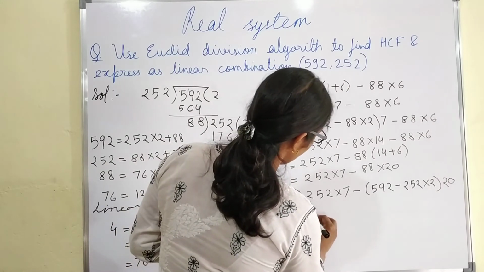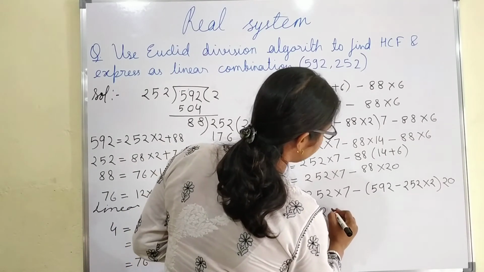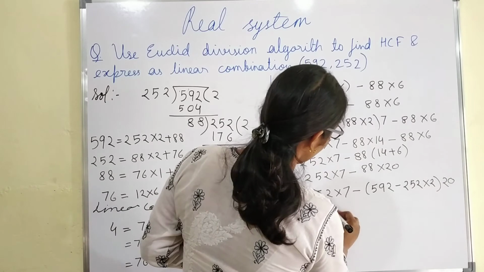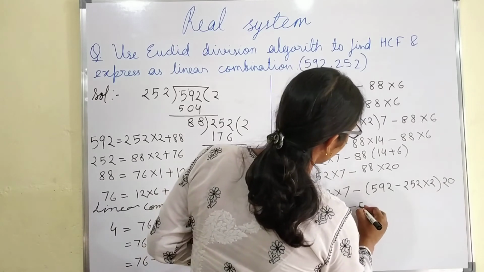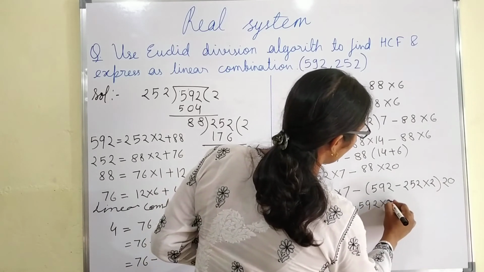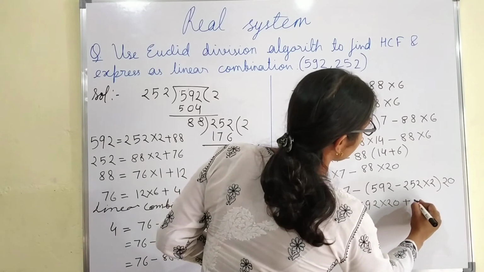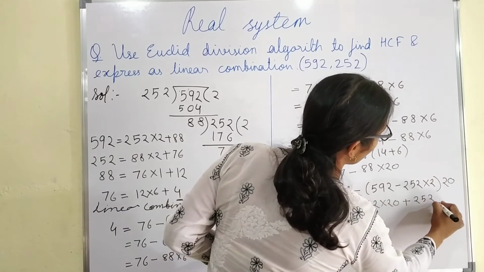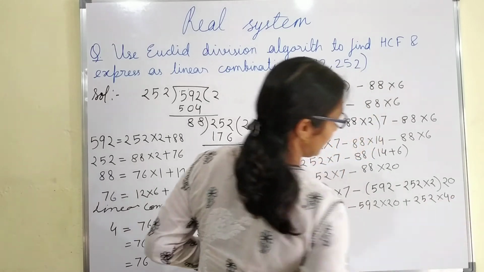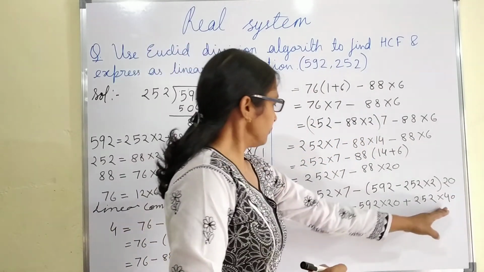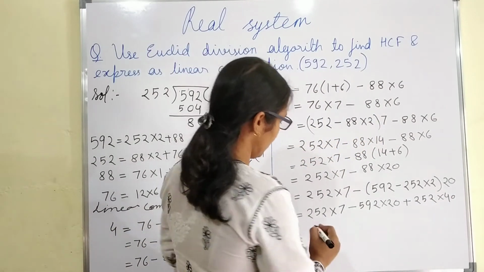So 252 into 7 minus 592 into 20 plus 252 into 40. Now we will take common 252.